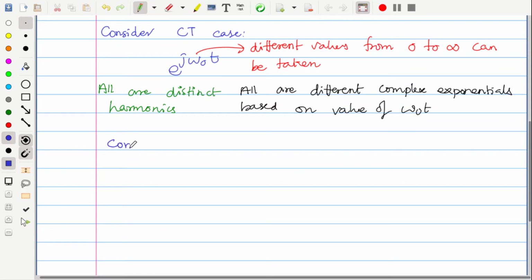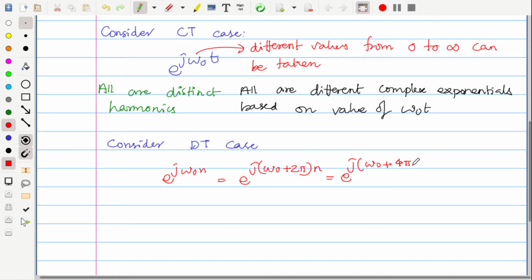In the discrete time case, these signals are not distinct. Here we can see that the signal with fundamental frequency ω0 is identical to the signal with fundamental frequency ω0 plus or minus 2π, ω0 plus or minus 4π, ω0 plus or minus 6π, and so on, because when we substitute these values into e^(jω0n), we get the same e^(jω0n) as the result.